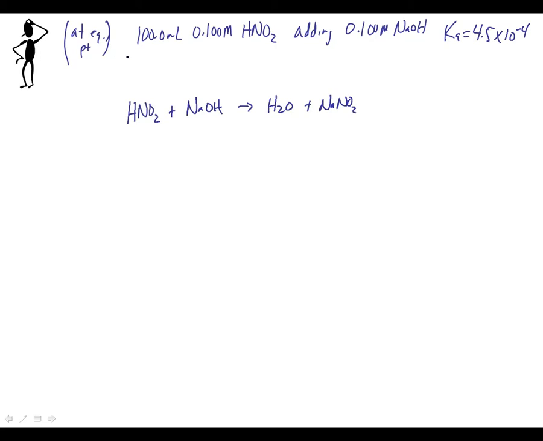So you have 0.1 liters of HNO2 times the molarity of HNO2, and that gives us 0.01 moles of HNO2. We're not interested in HNO2. We want to know about sodium hydroxide, which from the equation, 1 mole of HNO2 gives you 1 mole of sodium hydroxide. Again, stoichiometry.